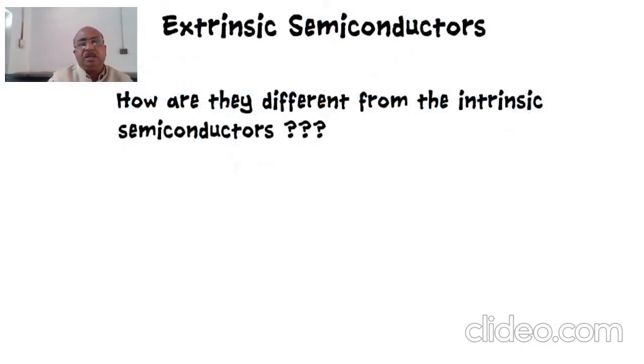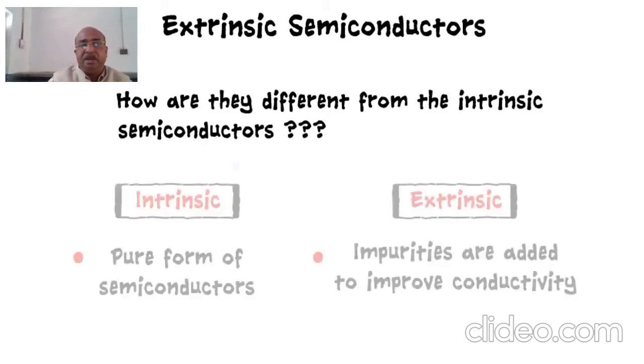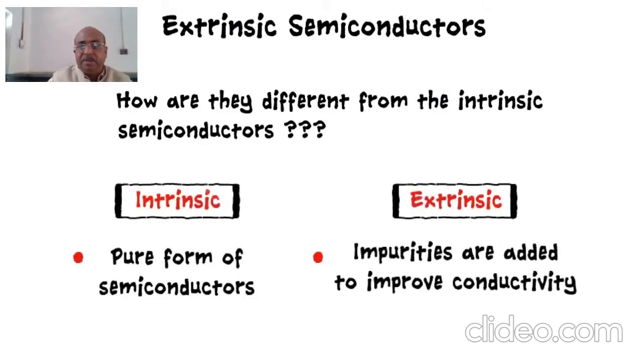Now let us have a look at what extrinsic semiconductors are and how they are different from intrinsic semiconductors. Intrinsic semiconductors are the semiconductors which are available in pure form, while extrinsic semiconductors are those which are available in not pure form.